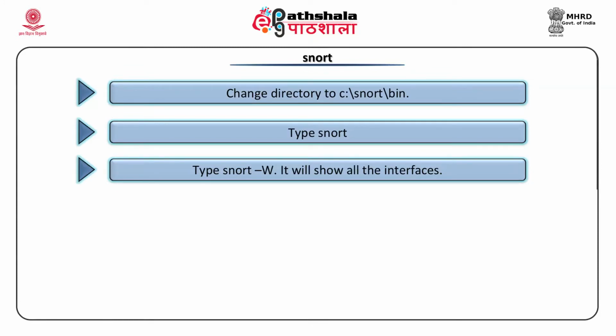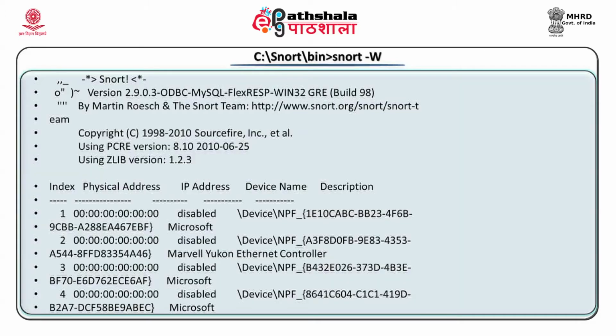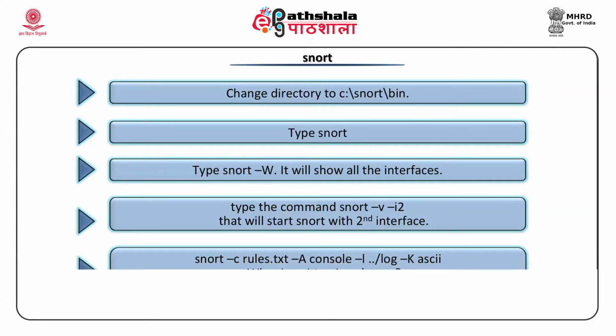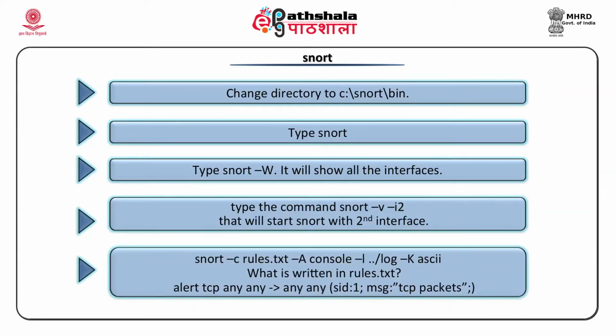In the bin directory, type snort -W and you will get all the interfaces available on your machine. If I try snort -W on my machine, I get the index, physical address, IP address, device name and description. Where no IP address is defined, it shows the disabled IP addresses, physical addresses and the device names.